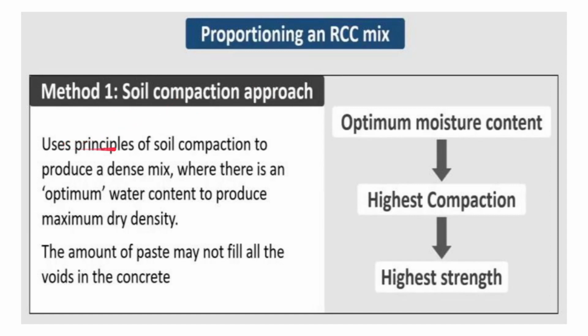Okay, so this uses the principle of soil compaction to produce a dense mix where there is an optimum water content to produce maximum dry density, as we may have studied in soil mechanics. Okay, in geotechnical engineering, the amount of paste may not fill all the voids in the concrete. Okay, so these are the criteria. So basically we find the optimum moisture content which will give the highest dry density, and that is the highest compaction, and that will result in high strength. So this is one approach, using soil compaction.